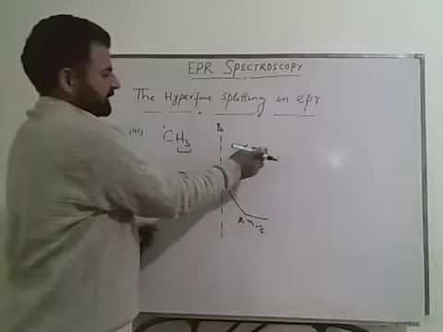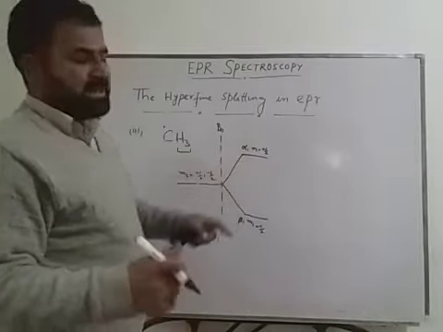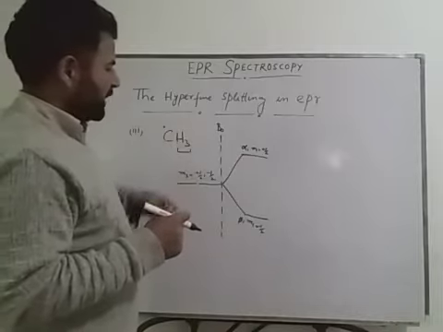Now each electronic state will be opposed with the four orientations from the nuclear spin of these three hydrogens.